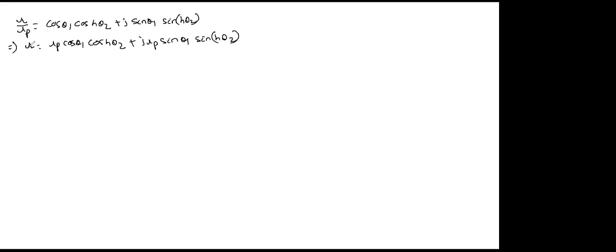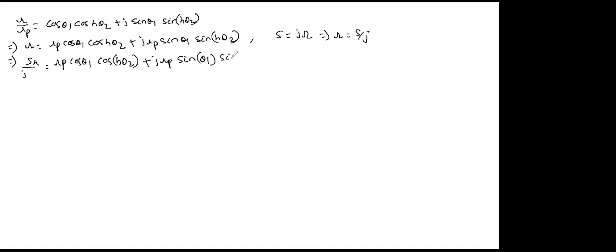Now what is omega? You all people know that s equals to j omega, so what is omega? Omega means s by j. So I can write it as s by j or simply s k, because these are the poles, and k is 1 to n. Just I am writing s k by j equals to this whole omega p cos theta 1 cos hyperbolic theta 2 plus j omega p sin theta 1 sin hyperbolic theta 2.